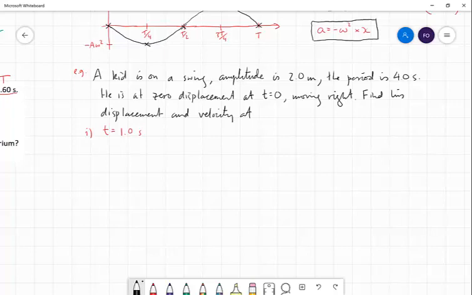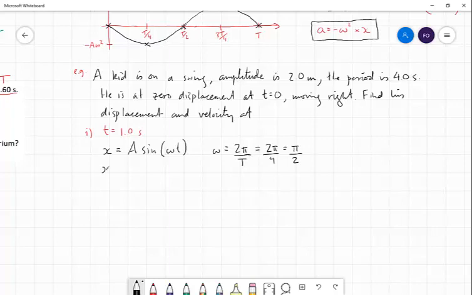So we know that for displacement, x is going to be equal to A sine omega t. In this case, omega is equal to 2 pi over the period, which is equal to 2 pi over 4, which is pi over 2.